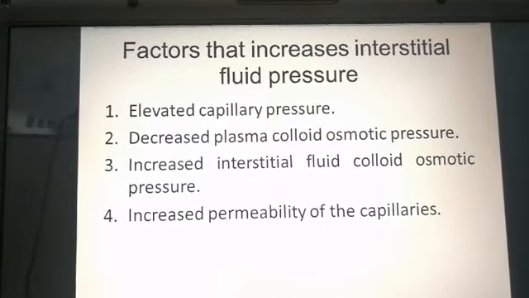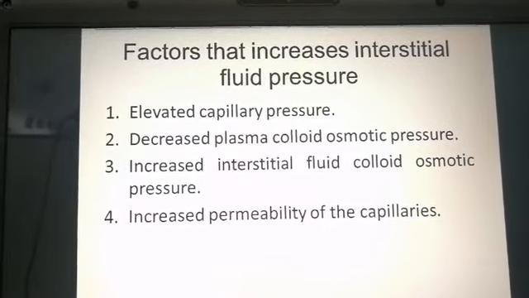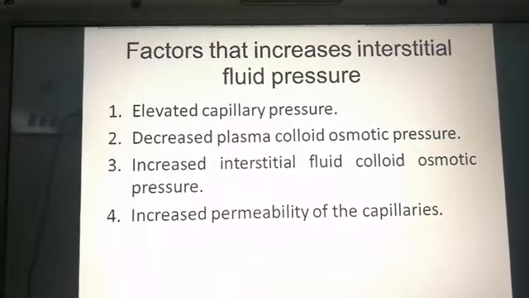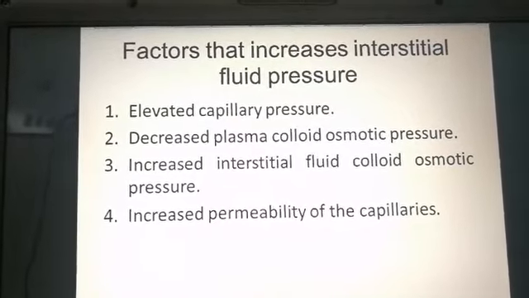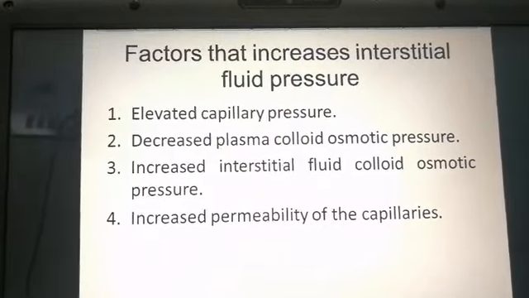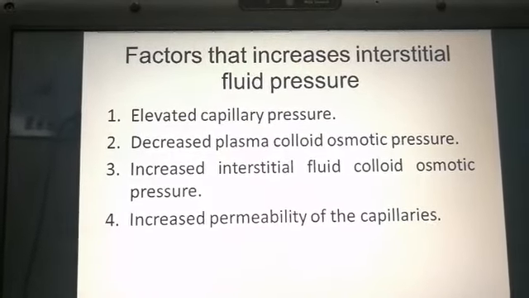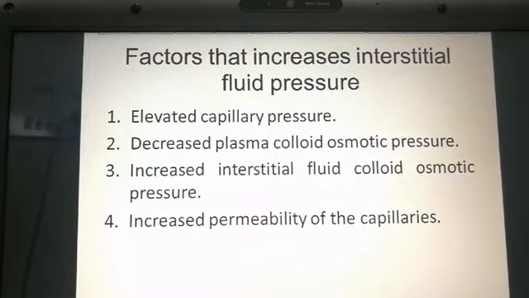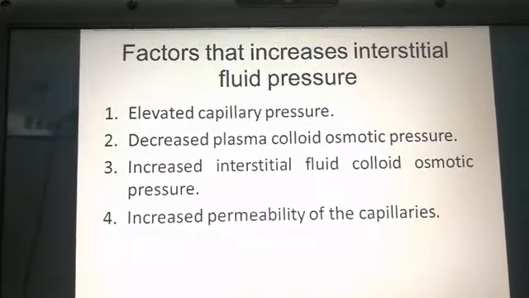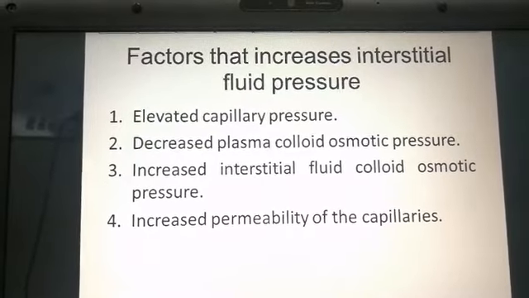When this retaining power is lost, fluid cannot be retained in the blood vessels. It leaks into the interstitial space. Thus the interstitial fluid pressure increases, the formation of lymph is increased, and thus the pressure of lymph is also increased.